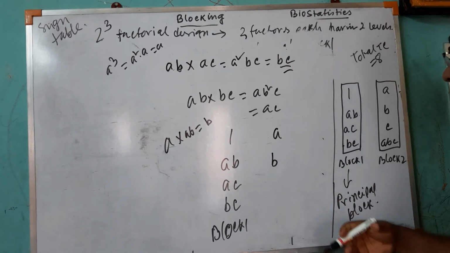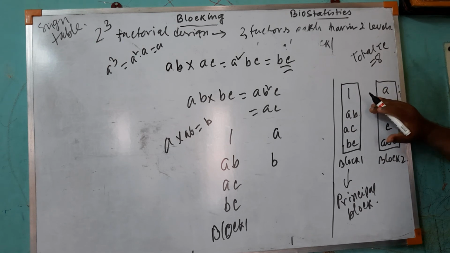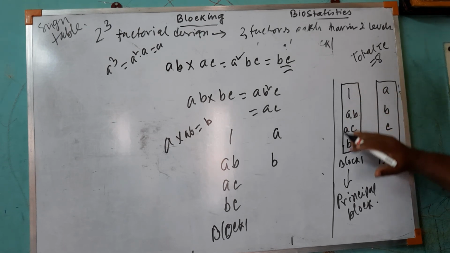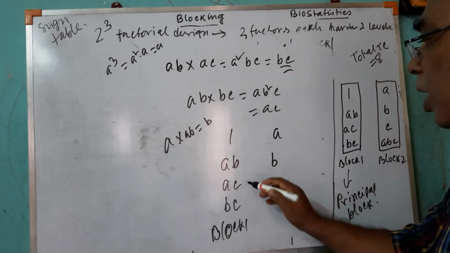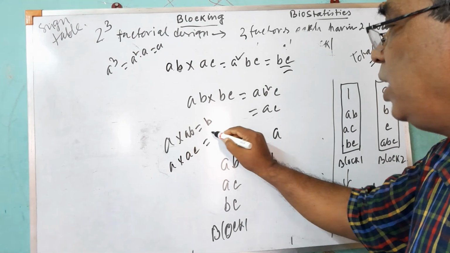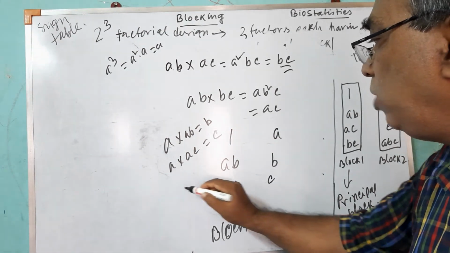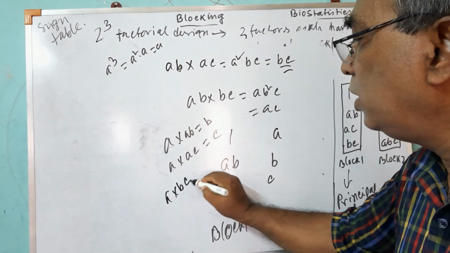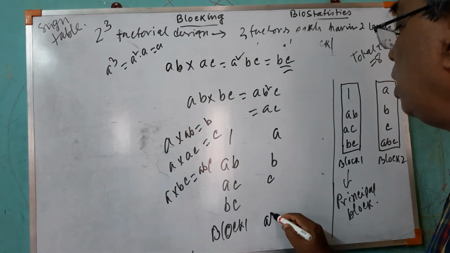So if you know only one element of block 2, like A, then A multiplied with all these elements, the result becomes the block 2 elements. Now A multiplied with AC, A into AC, is A square C, that means C. Then A multiplied with BC, A into BC, that is ABC. You see, you are getting ABC.